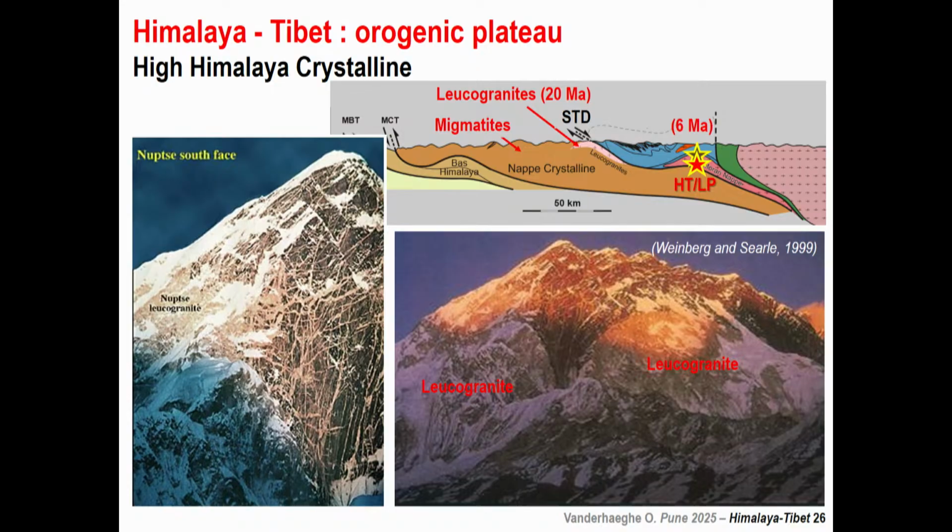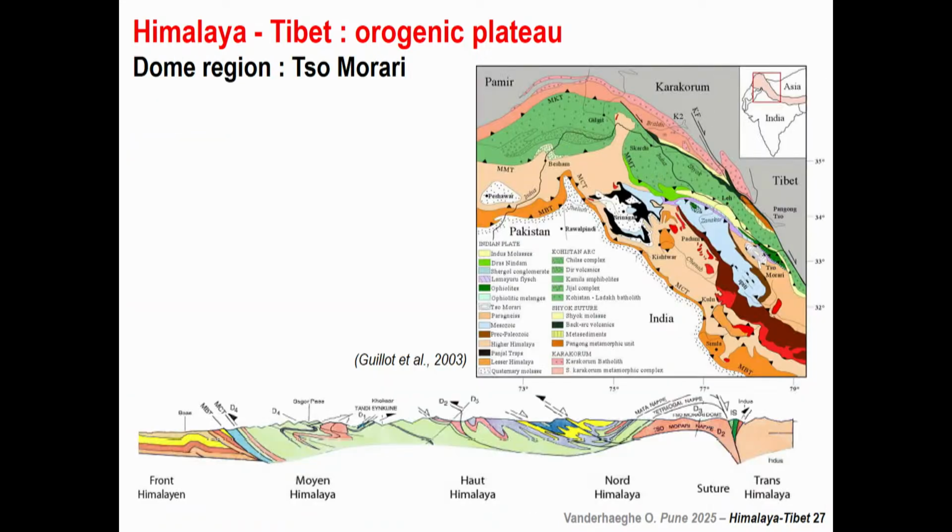And now we're going to move to that place, the dome region that is north of the South Tibetan detachment. And there you see it, so in between you have the Tethyan sediments that are folded, refolded. There we can still manage to identify the bedding, so metamorphic grade is less.